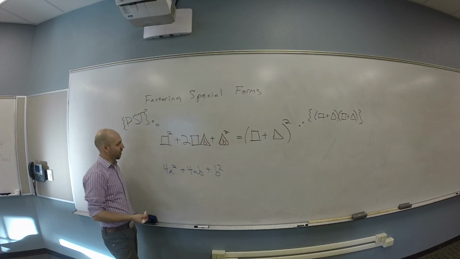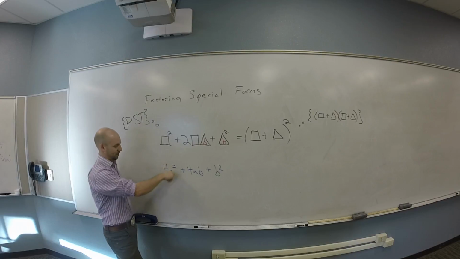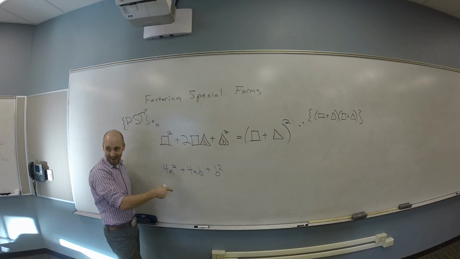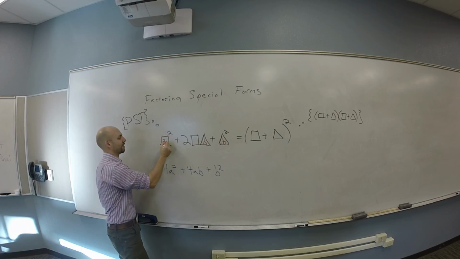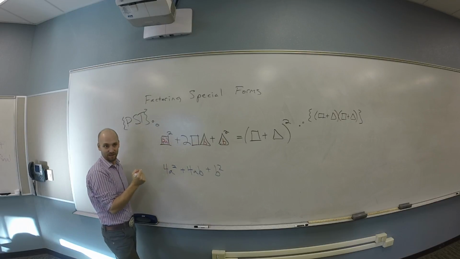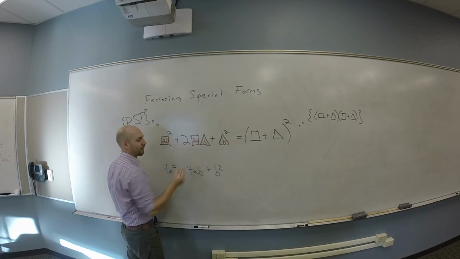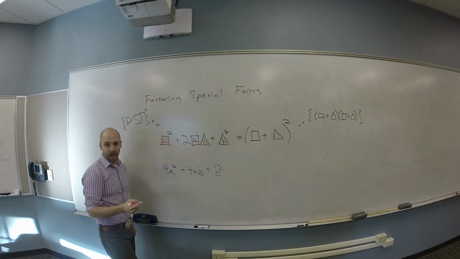What goes in for square? What's squared up here? 2a. It's not a, it's not 4a, it's 2a, because this thing's acting like parentheses. So I put in a 2a for the square in the middle too. And now I should check.